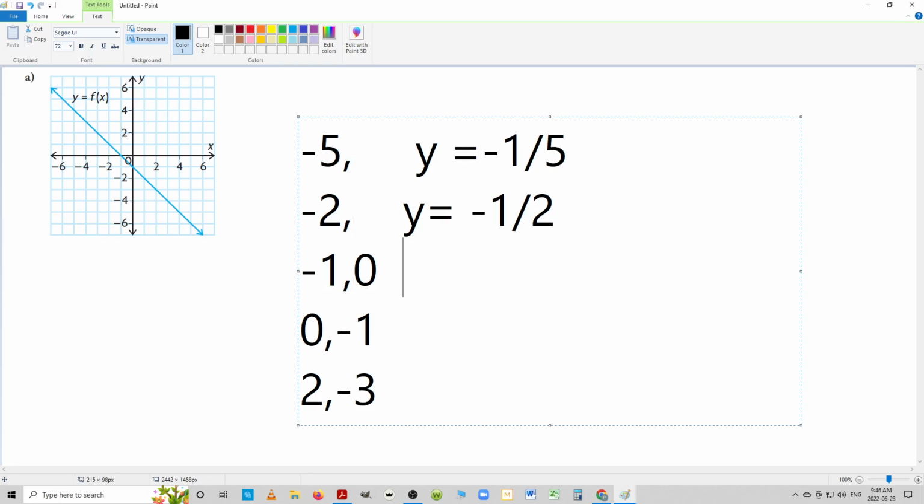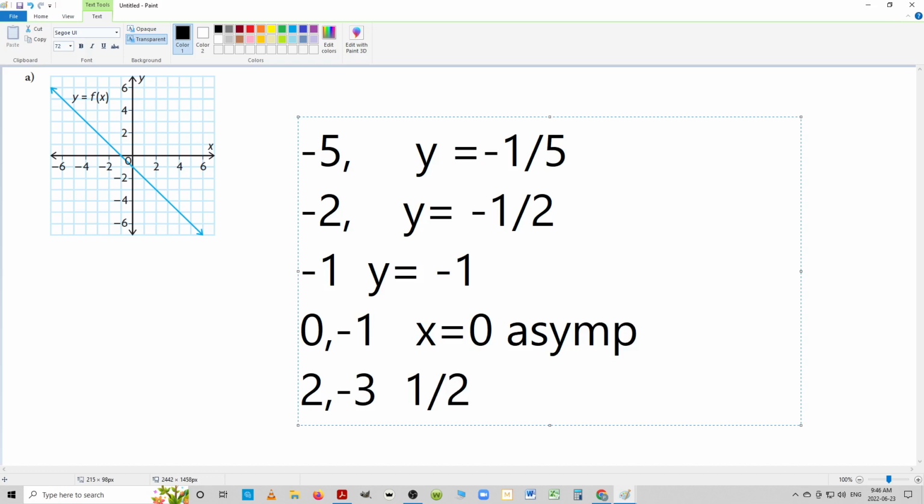Okay, and this one is going to be negative 1, which is negative 1 over 1, 1 over negative 1. And this one's going to be interesting. So x is equal to 0 is going to be the asymptote. And then it's going to be, looks like it's 1 over 2, so we start to get positive on that side. So that's going to be that.